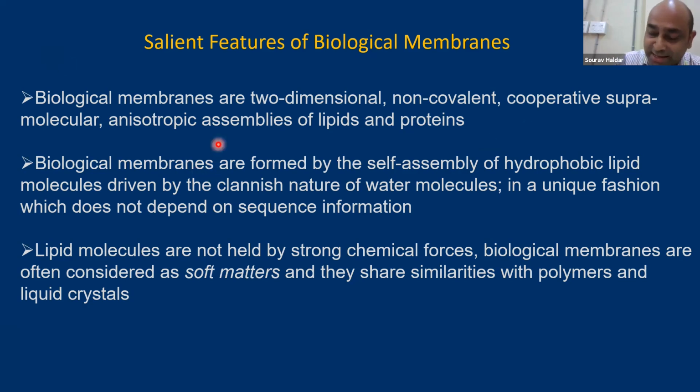Anisotropic, because the properties of the assembly are actually dependent on the direction. Even though I said it is two-dimensional, if we go along the direction of what is called the bilayer normal, the composition constantly changes. I will come back to that in the next slide. Hold on to that till then.